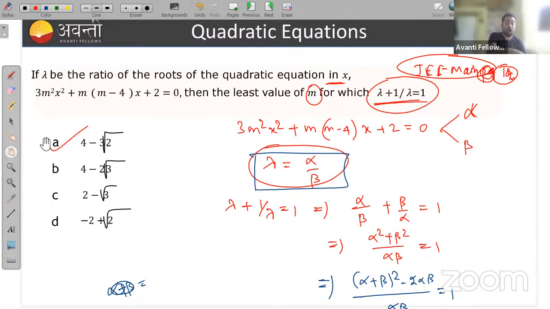Just see how many questions we have solved by using the relationship between roots and coefficients of quadratic equations. There are a lot of questions. You can get more than 80 questions in the last 3 years on roots and their coefficients. Remember, Newton's method is necessary.